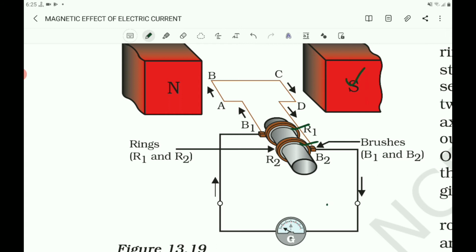It consists of two semi-cylindrical brass rings, P and Q, rigidly attached to the two ends of the armature. As the armature coil rotates, the two split rings also rotate about the same axis of rotation.